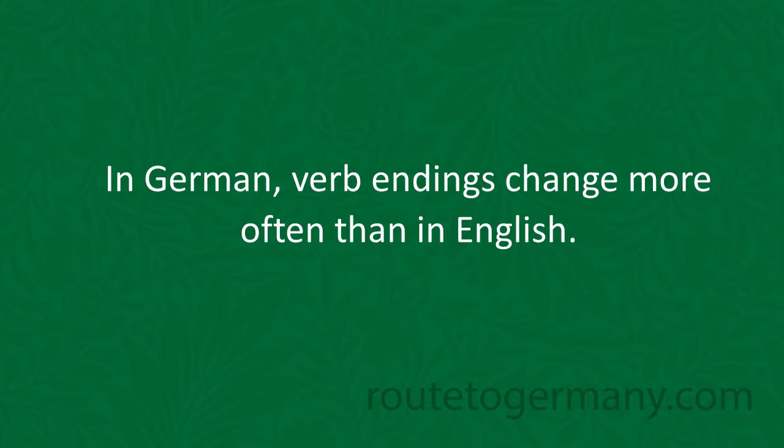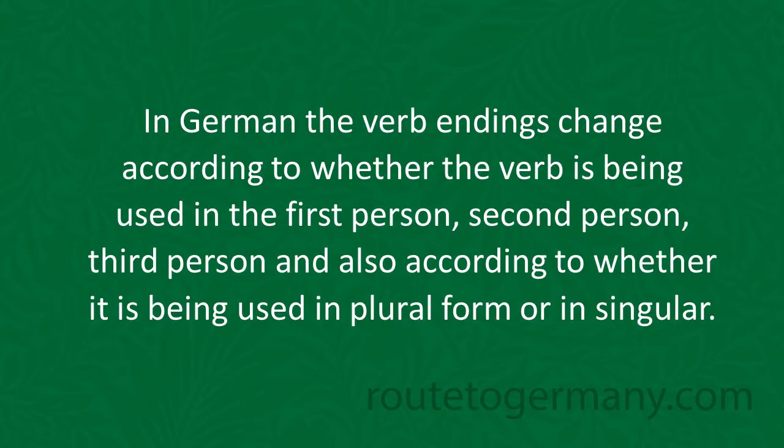In English, change only occurs in third person singular where we add the s ending. For example, he eats. But in German, the verb ending changes according to whether the verb is used in the first person, second person, third person, and also to whether it is used in plural form or in singular form.